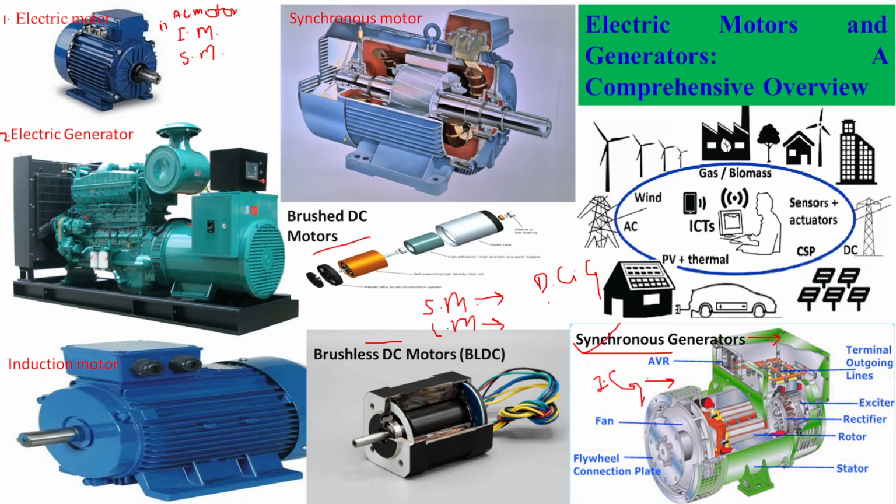Next we have the permanent magnet generators. Permanent magnet generators produce DC using permanent magnets to create a magnetic field.